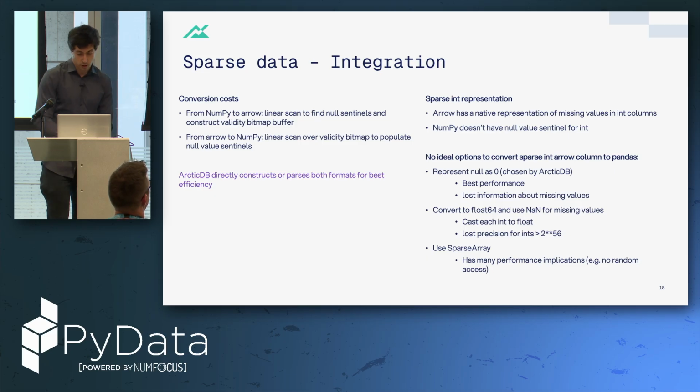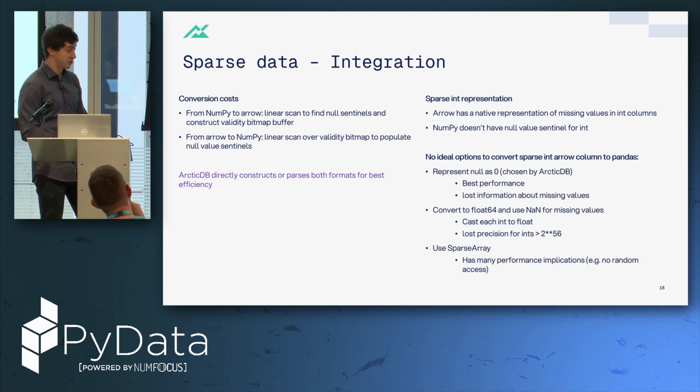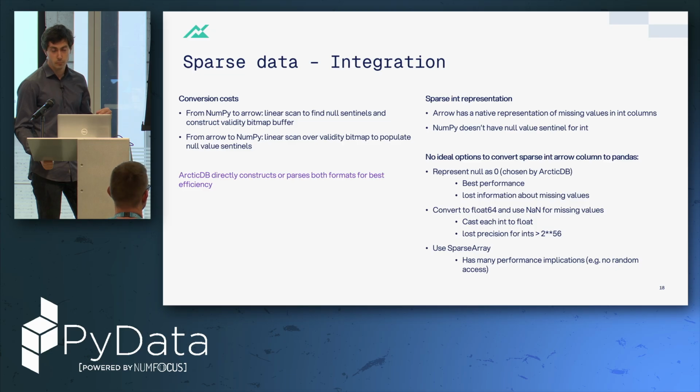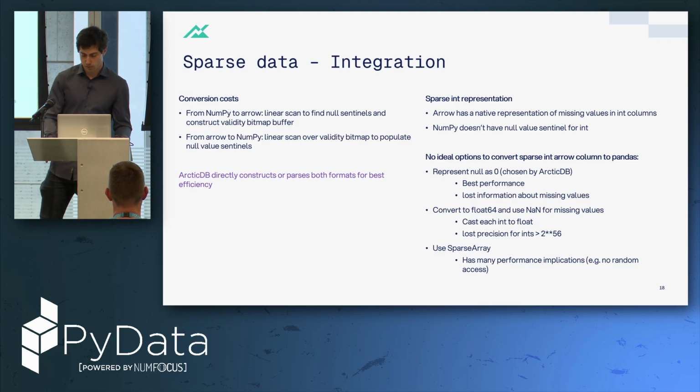The more interesting question is what we do about sparse integers. Because, as mentioned, Pandas uses no-value sentinels to represent missing values, but there is no no-value sentinel for int columns. Each byte value for integers is a valid integer value. So we are essentially left with a choice. If we want to represent a Polars data frame with missing int columns, how do we do that in Pandas?